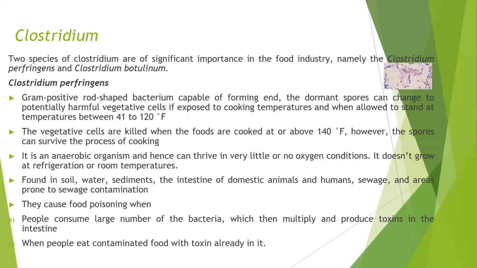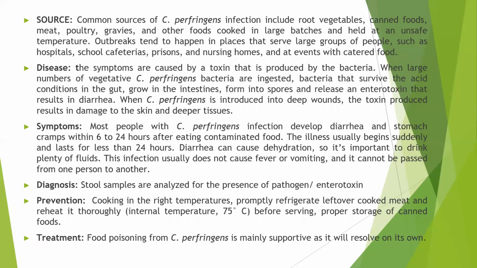They can cause food poisoning when people consume large numbers of these bacteria, which multiply and produce toxins inside the intestine, or when people eat contaminated food with toxin already present in it. The common sources of Clostridium perfringens infection include root vegetables, canned foods, meat, poultry, gravies, and other foods which are cooked in large batches and held at an unsafe temperature.